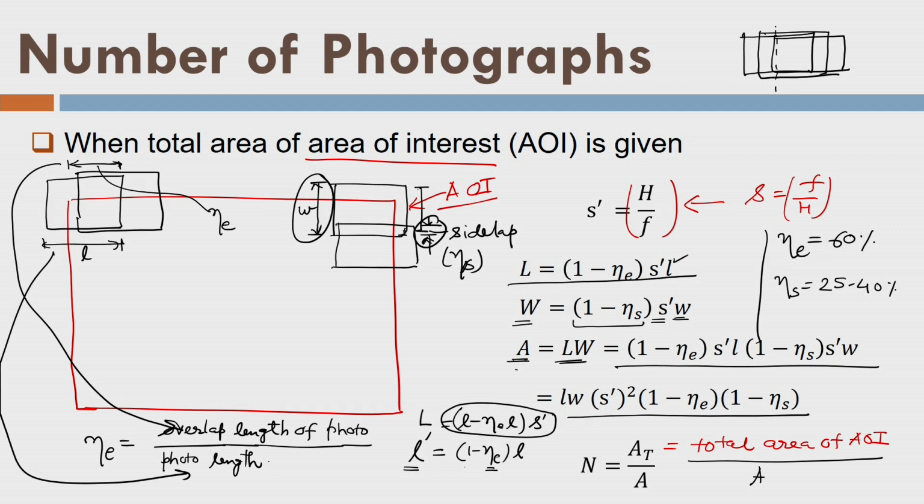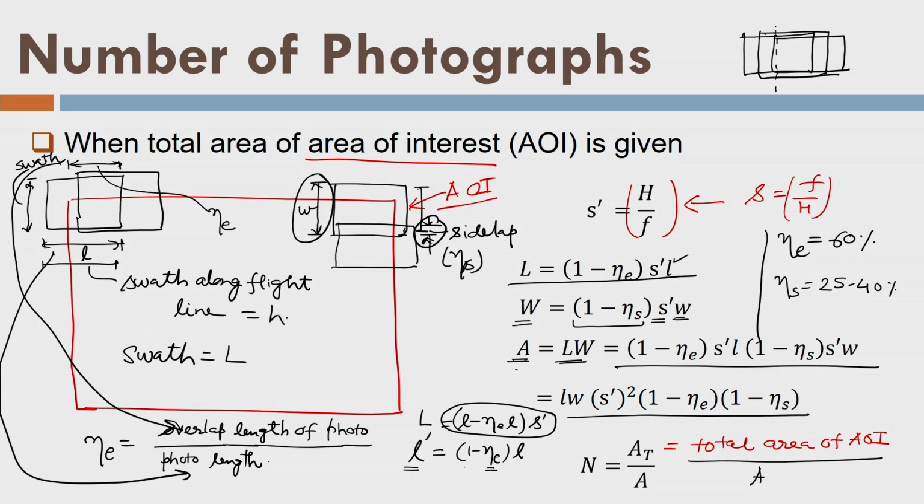Moreover, I would like to say here, this is the swath, and this is the swath along the flight line. Right. So, I am saying that this is not small l. Here I am showing the swath on the ground as L, and the swath along the flight line is W, and they are called the effective swath basically.